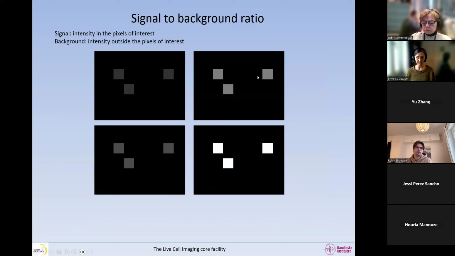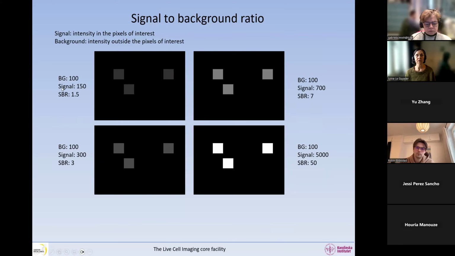So here we have a sort of modeling of the signal to background ratio. So what is the signal? It is basically the intensity in the pixel of interest, the pixel that you're interested in. That is your signal. The background is everything else. So the intensity outside the pixels of interest is the background. So that would be the black thing there around.